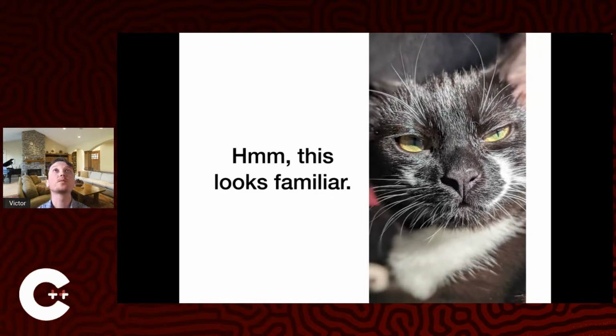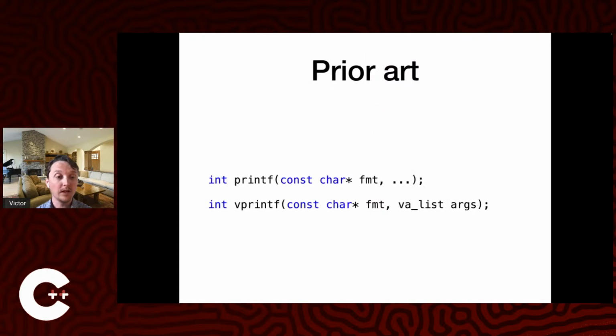So the skeptical cat here thinks that it looks familiar. And it does. It is actually very similar to the printf and vprintf functions, which use varargs. But the benefits of format_args that fmt uses are that they are type safe, more efficient, and extensible.